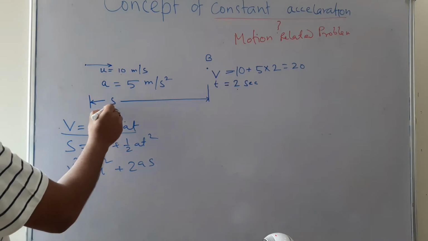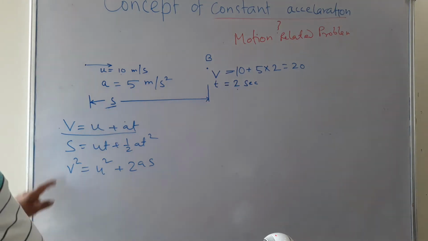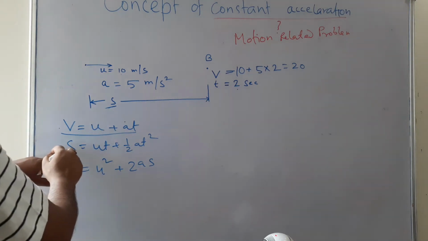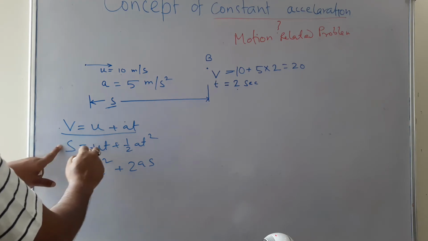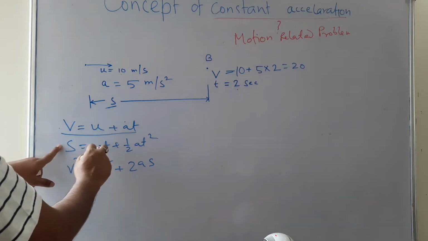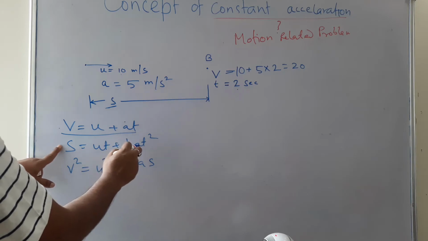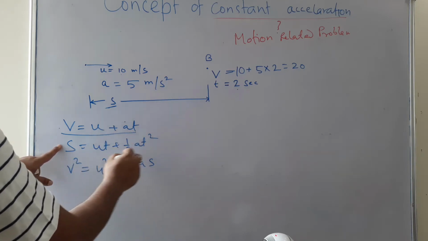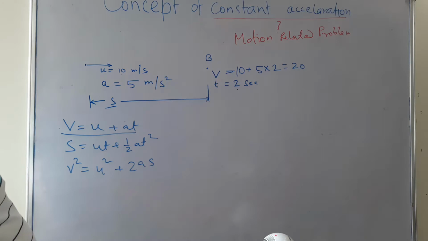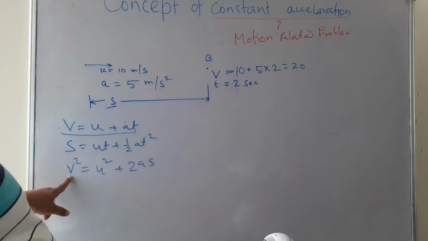So how will you find out s? In this equation, you know u, you know t, you know a, so you can use this equation to find out s, or you can also use this equation.